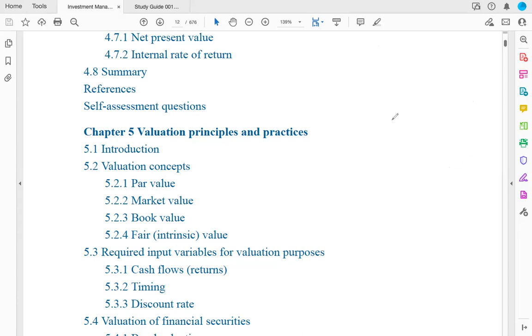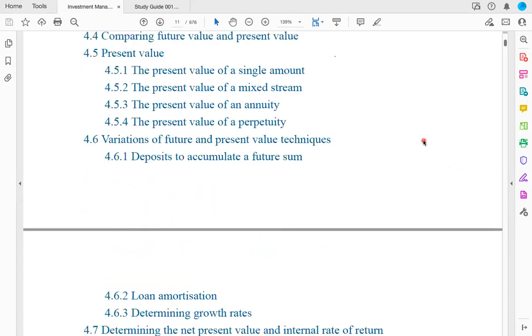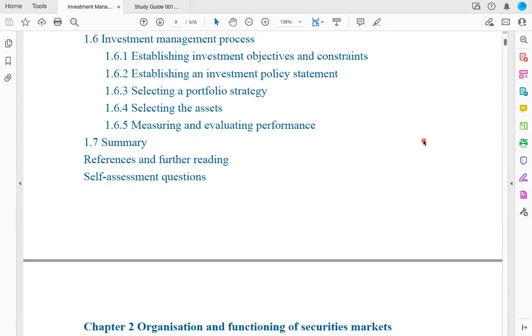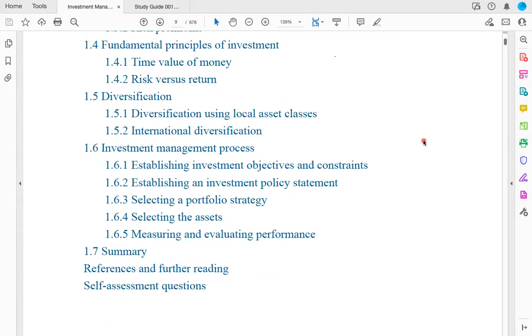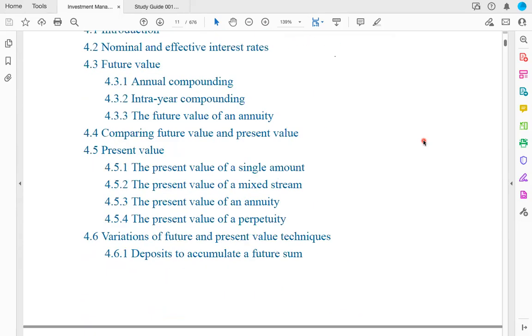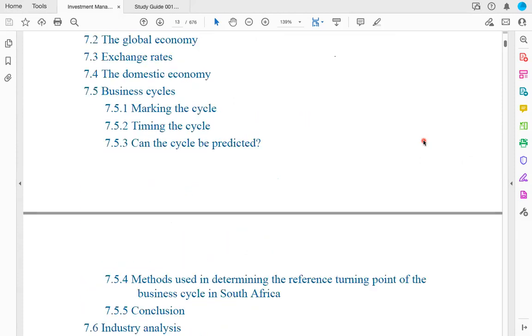And then there are also certain areas you need to make sure you're familiar with for the INV2601 exam. As big as the book is, fortunately, not everything in this book is examined. Not every single thing is examined. There are just certain important things you need to make sure you are familiar with, which will be examined.